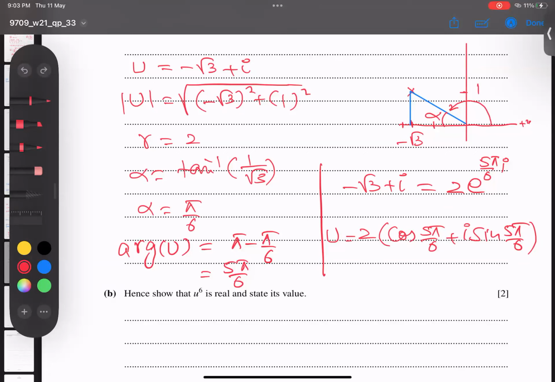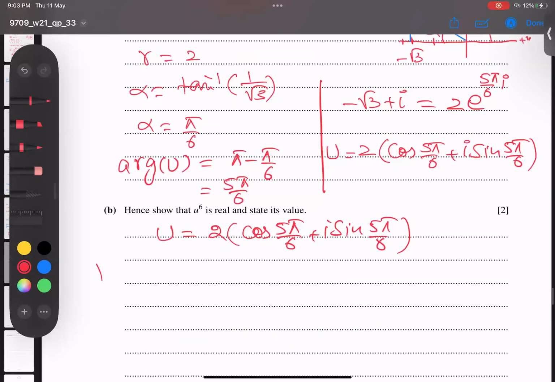So you can use any form, no issue at all, but he specifically mentioned it here, so I wrote this one. He's asking u to the power 6. Now we have a special formula. What is that formula? I'm writing in polar form, not exponential form, and you will come to know the logic afterwards.